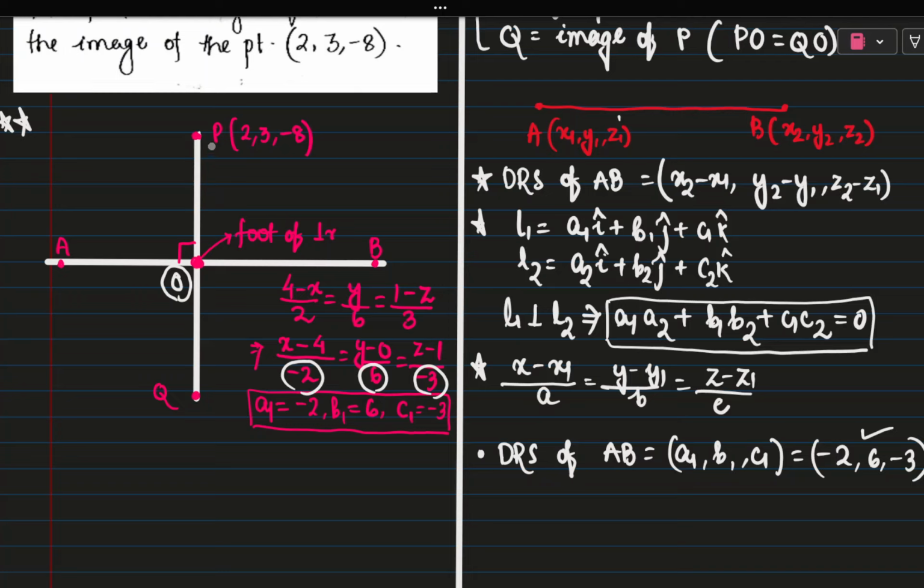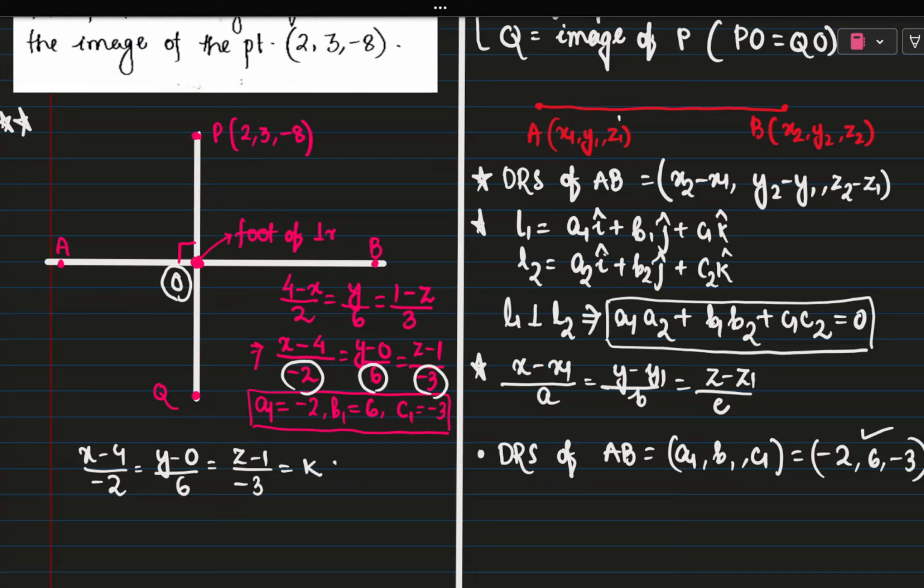To get the direction ratio of PO, first we need to find O, which is our foot of the perpendicular. But we cannot find it directly, so from the general equation, we have (x minus 4) by minus 2 is equal to (y minus 0) by 6 is equal to (z minus 1) by minus 3.